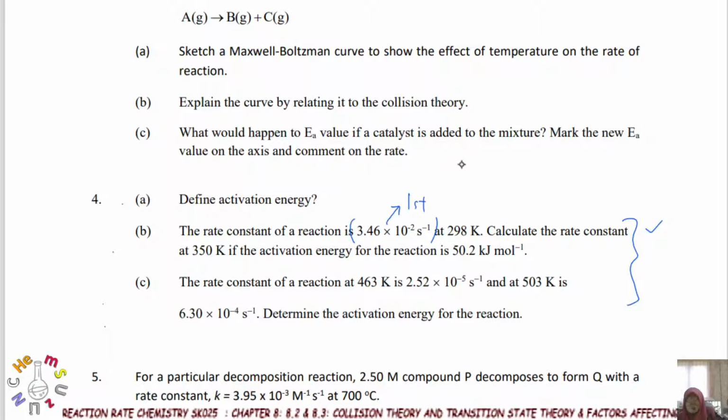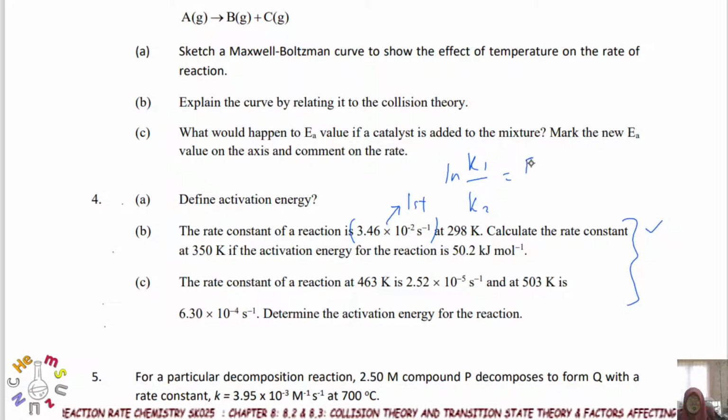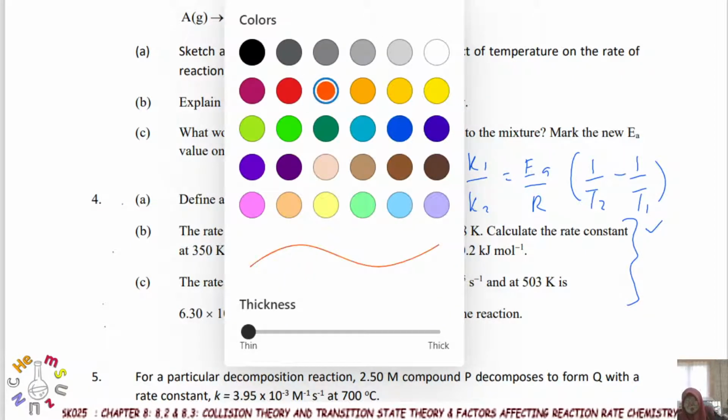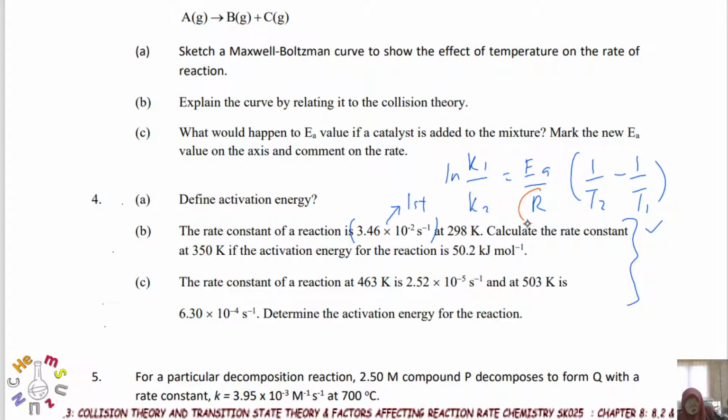Jadi kita akan guna ln K1 over K2 is equal to, apa formula tadi? EA over R, 1 over T2 minus 1 over T1. Okay, but before we proceed, may I know what is the value of R here?